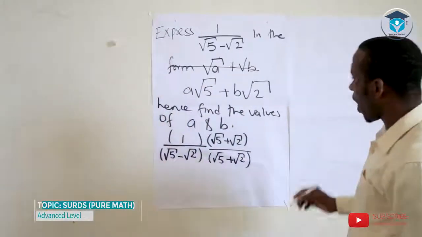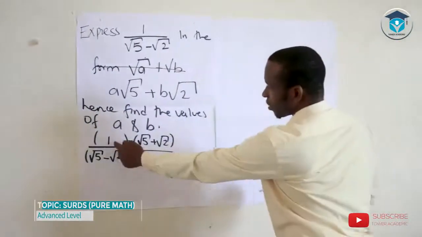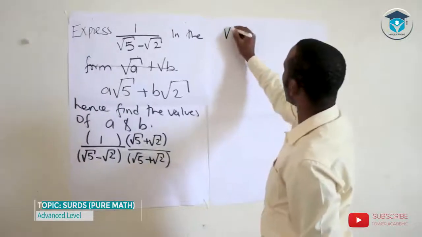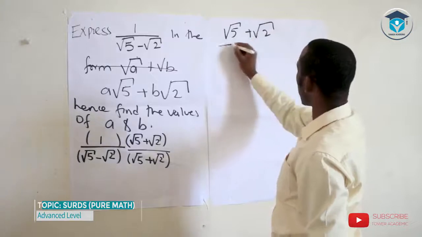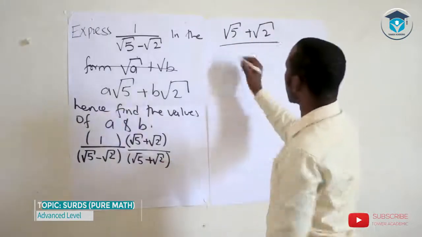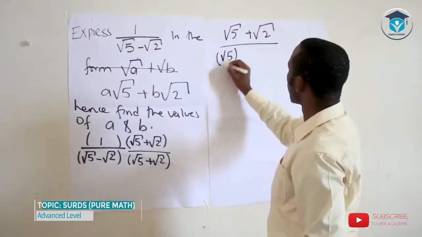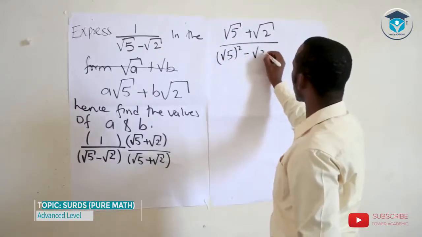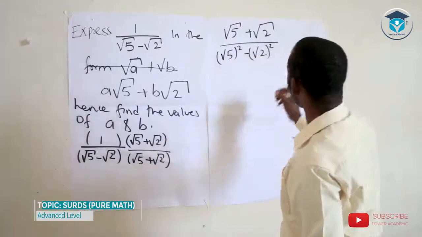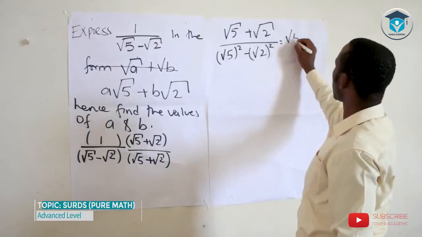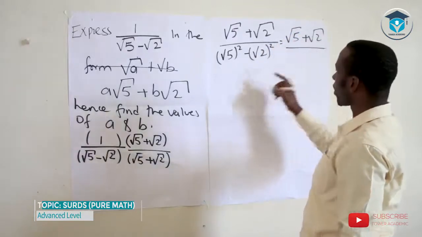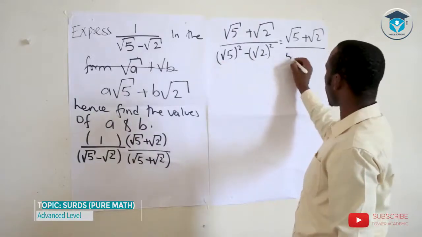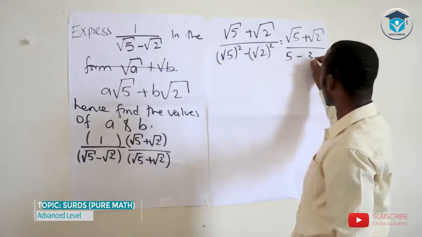So from there I shall have, above, just a 1 times root 5 plus root 2, all over root 5 squared minus root 2 squared. So it will give us root 5 plus root 2 divided by root 5 squared, the same as 5, minus root 2 squared, the same as 2.